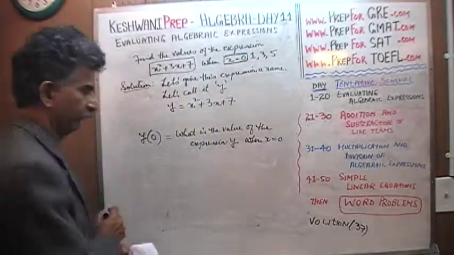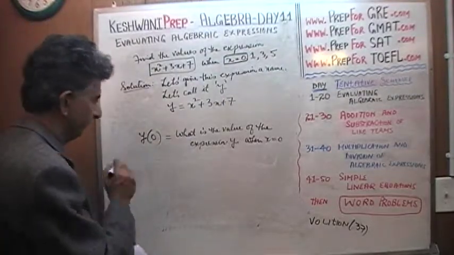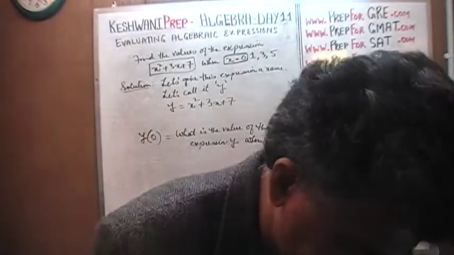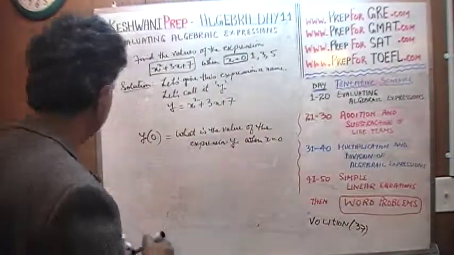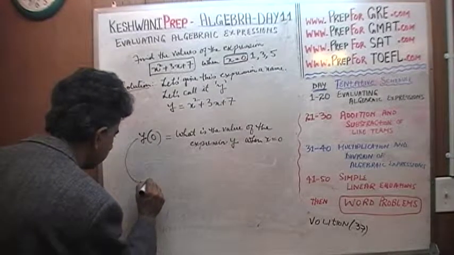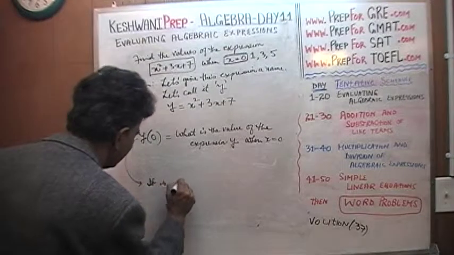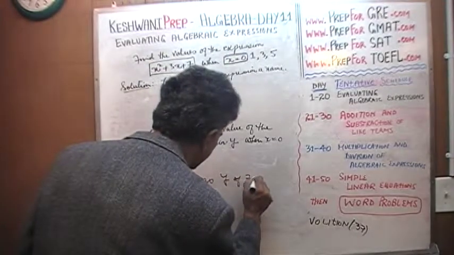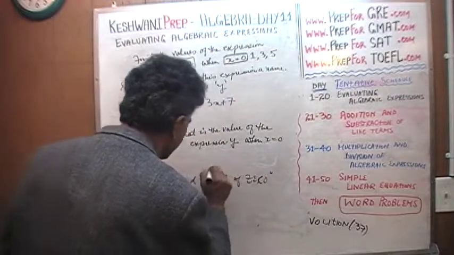That's what this represents. Let's do it in a different color now, so you can see it here. And it is read as y of 0. This is how it's read, y of 0.